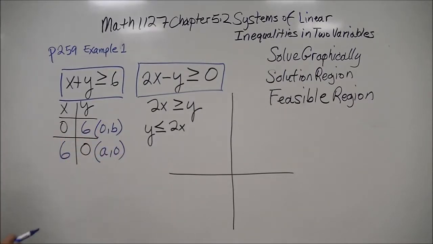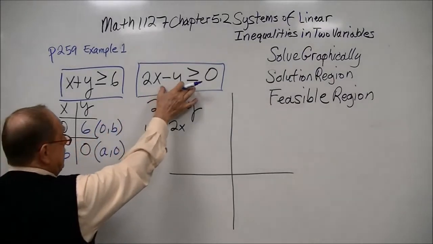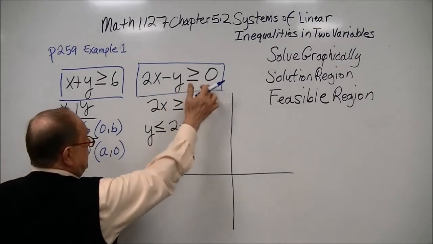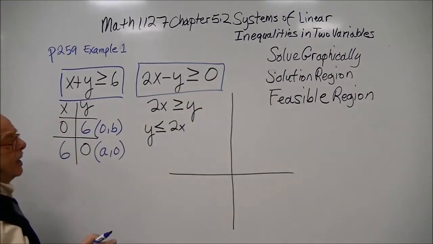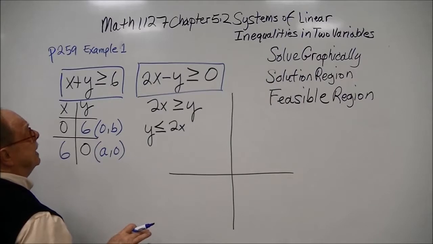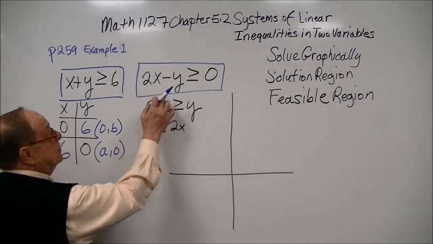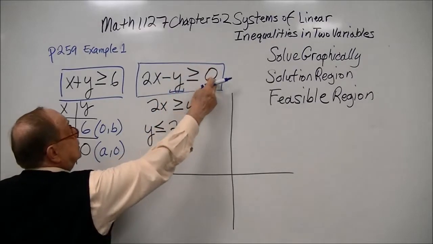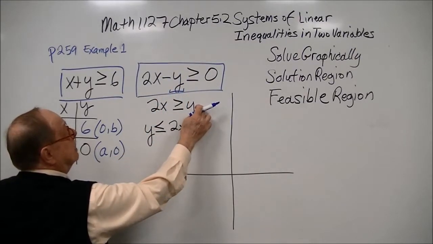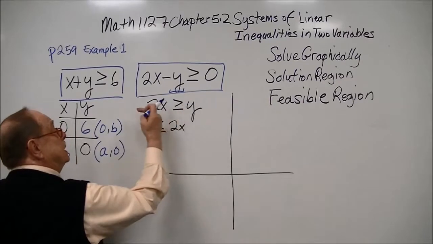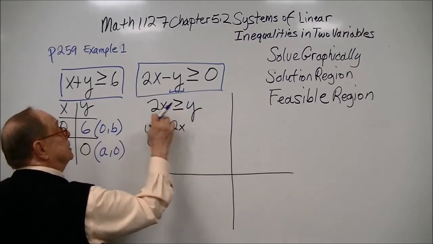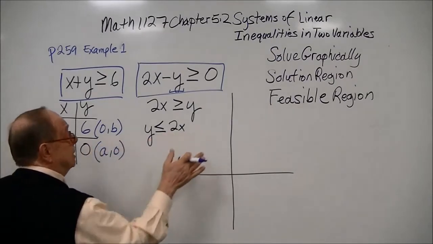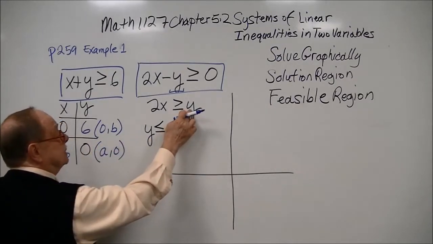Now as I look at the second equation, or inequality, notice we don't have a value there. So the T-chart's not that valuable. So what I've done is I've solved for the letter Y by bringing the Y over to the other side. And now I have Y, if I read it this way, Y is less than or equal to 2X. Well, most students like to read it from left to right, so I just took this.